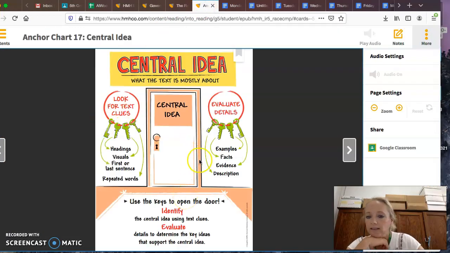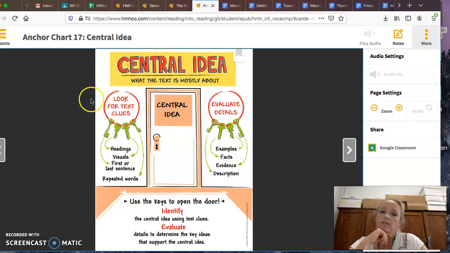Central idea is just something I want you to have in mind before you start reading the text about the government funding inventors. Central idea is important when you're reading nonfiction. And when you're thinking central idea, you should think about what is the text mostly about. You probably heard it called the main idea of the text.